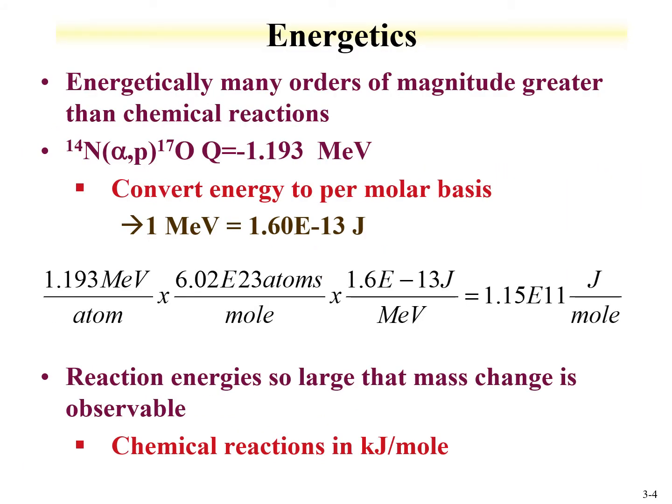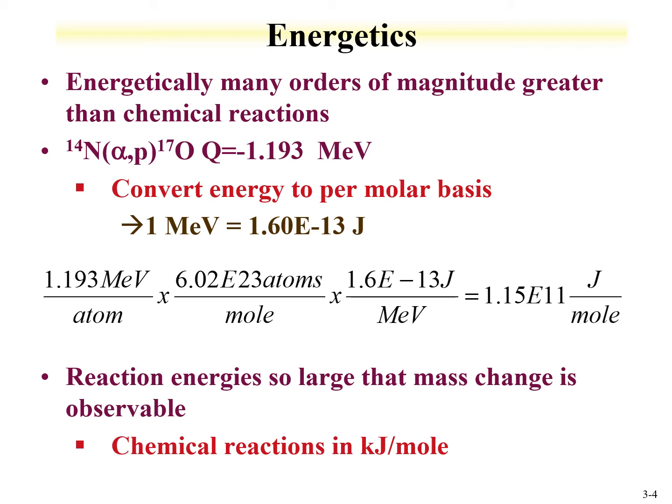We can use some of this energetics to get an idea of the overall reactions involved in nuclear reactions. So if we take the reaction we discussed on the earlier page and calculate the Q value, it's just around -1 MeV.